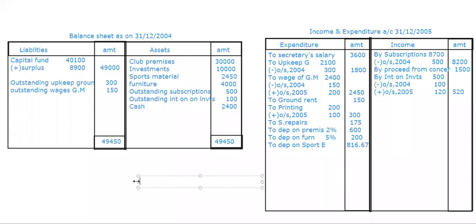He said on 2,450, one-third percentage. So this can be taken as 2,450 into 33.3333 percentage. That's how I got it. If you want, please check it.